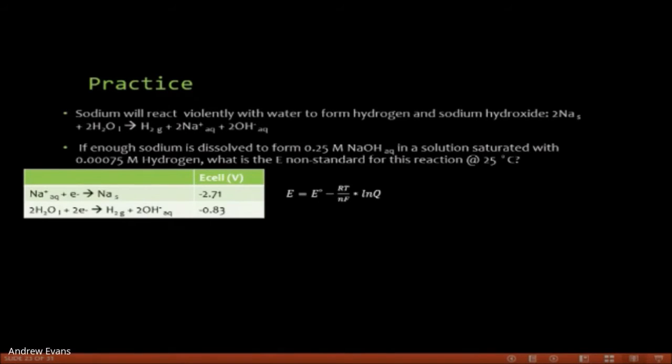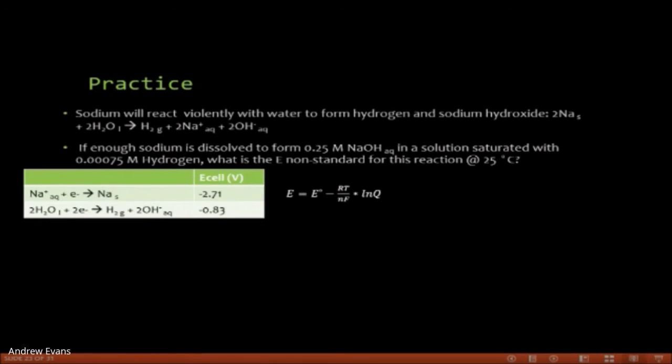I'm giving you the concentrations: 0.00075 for hydrogen and 0.2 molar for sodium and hydroxide. The E cell potentials, we have negative 2.71 and negative 0.83.